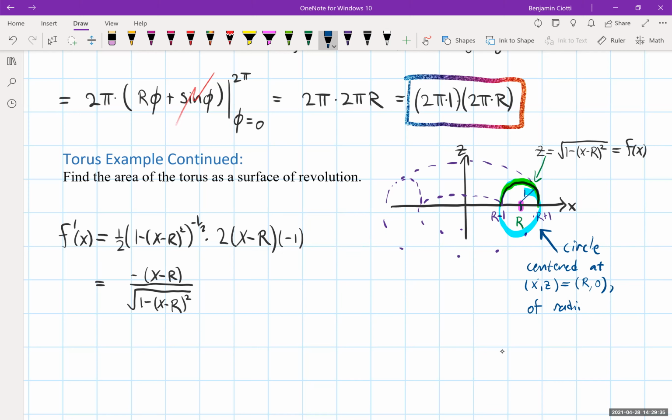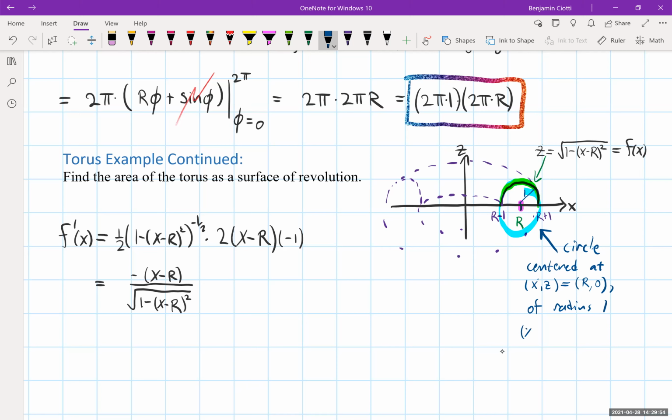So you have to remember the formula of a circle that's centered at some point in the plane which is not the origin.